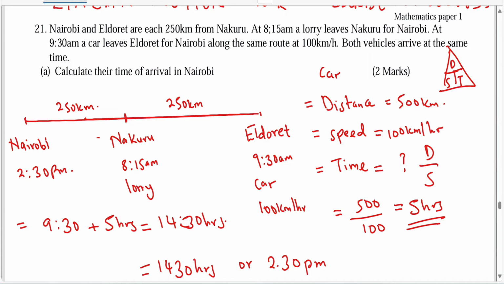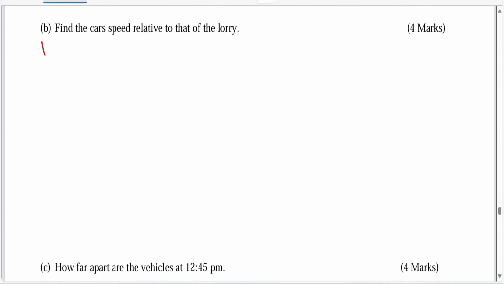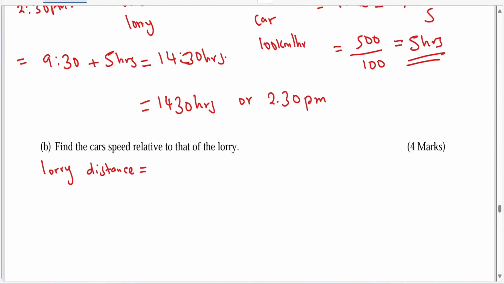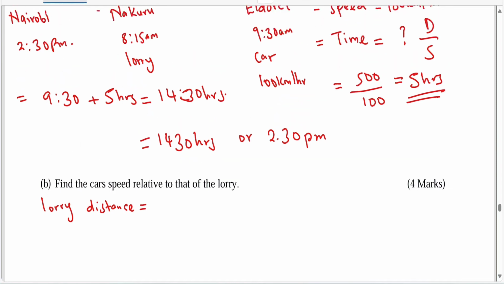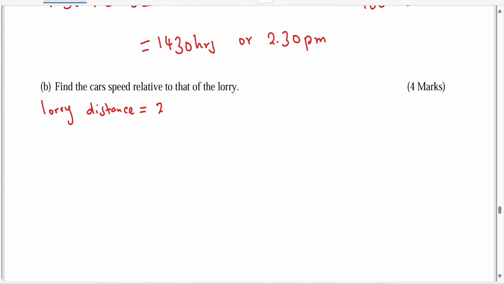So first of all, we need to find the lorry speed. But before finding the lorry speed, we have to find the distance for the lorry, since it came from Nakuru to Nairobi.